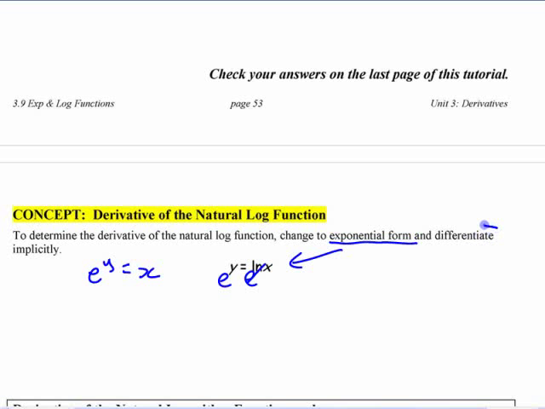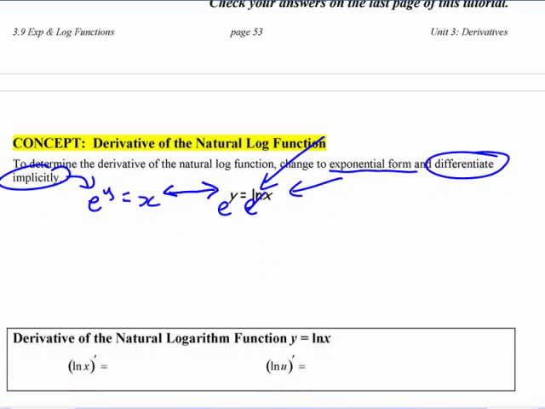Then differentiate implicitly, just the way we did, because this is like the inverse base e function. It's the same as we did with the trig functions. To do the inverse trig functions, we switched them around and did them implicitly. So we're switching this around and doing it implicitly. You'll come up with what the derivative is.